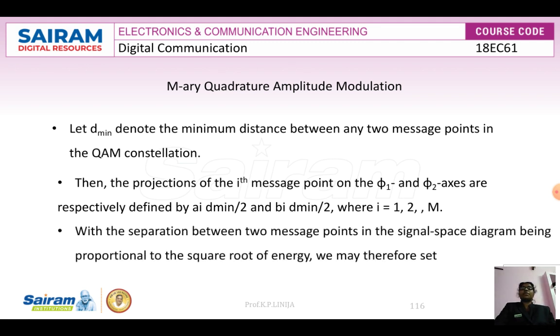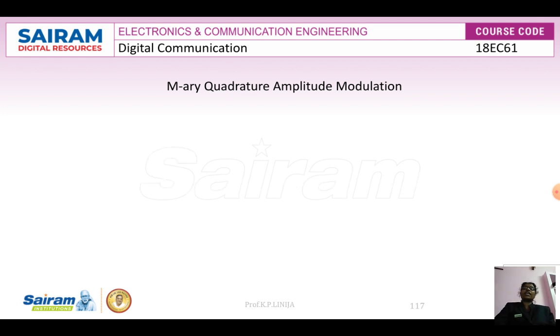The separation between two message points in the signal space diagram is proportional to the square root of energy. So with the separation of these message points, we can set d minimum by 2 equal to root E naught.